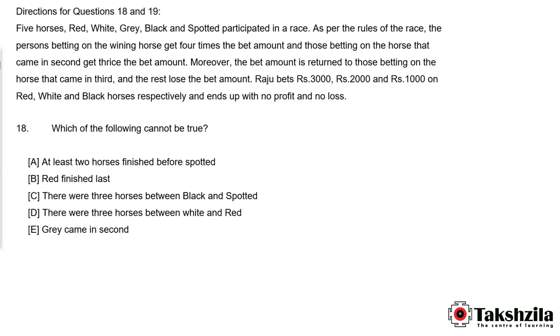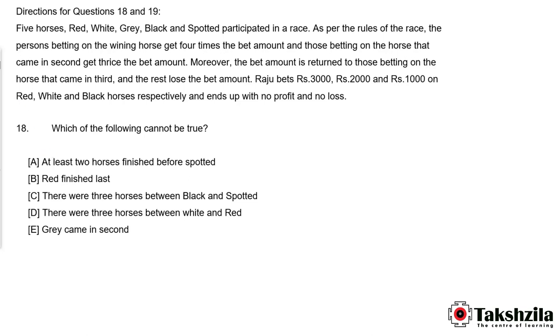Moreover, the bet amount is returned to those betting on the horse that came in third, and the rest lose the bet amount. Raju bets rupees 3000, 2000 and 1000 on red, white and black horses respectively, and ends up with no profit, no loss.